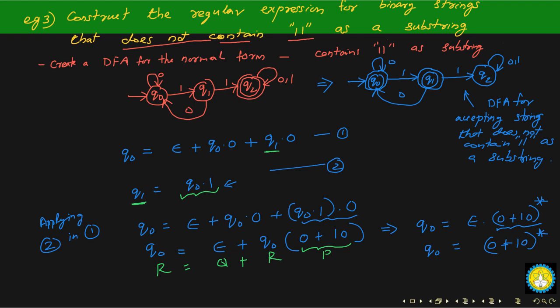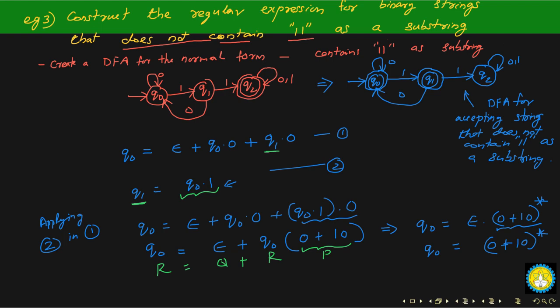Now remember that in the DFA that we obtained here, both Q0 and Q1 are final states. So the equivalent expression for this DFA is going to be the expression for Q0 plus the expression for Q1. Now that we got Q0, we can write the expression for Q1 very easily.